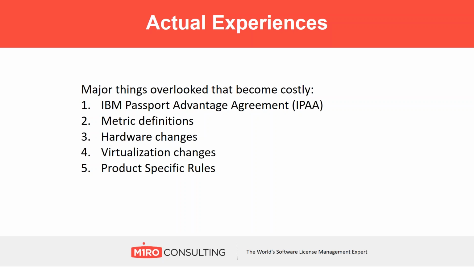And then there's a lot: IBM has very specific product rules and tables for each software product, and it may even change between versions. So you should always keep refreshing your knowledge on that, or double checking it with IBM.